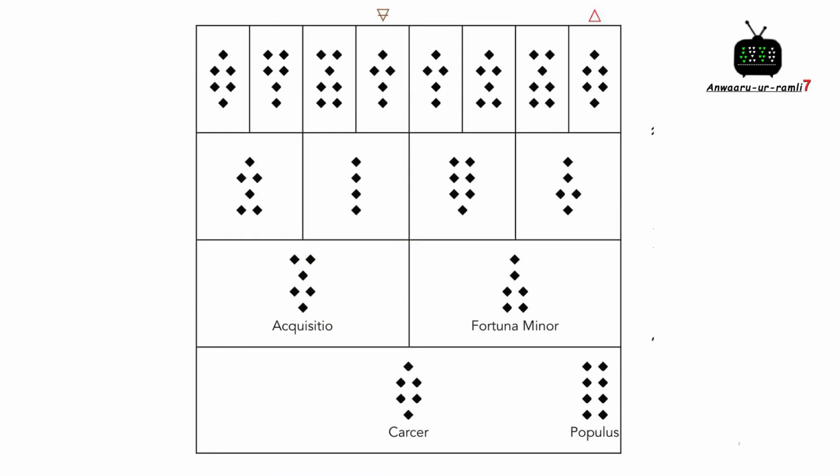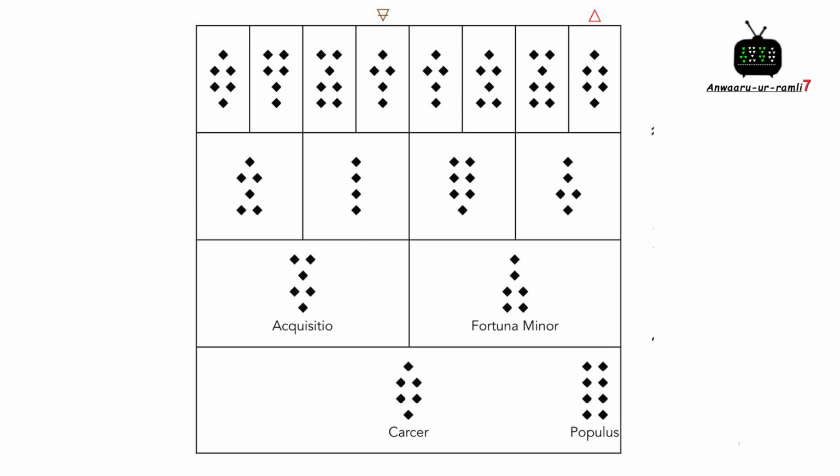Let's use this piece of sand as an example. Let's start with the vision. If you are asked to find the vision of Cassia, Cassia comes as the first figure in this piece of sand.